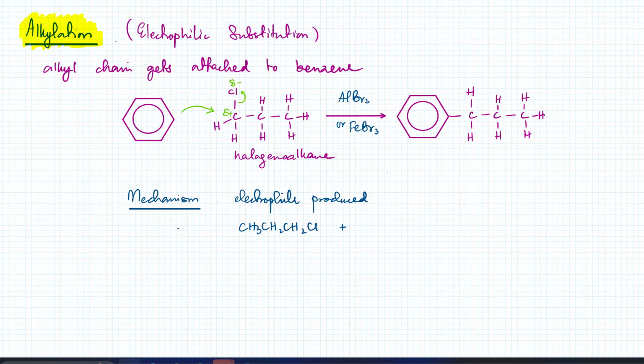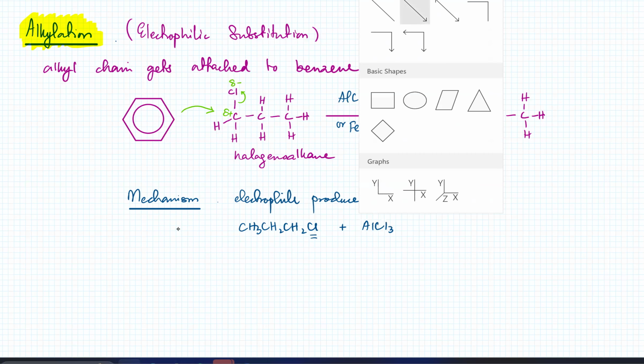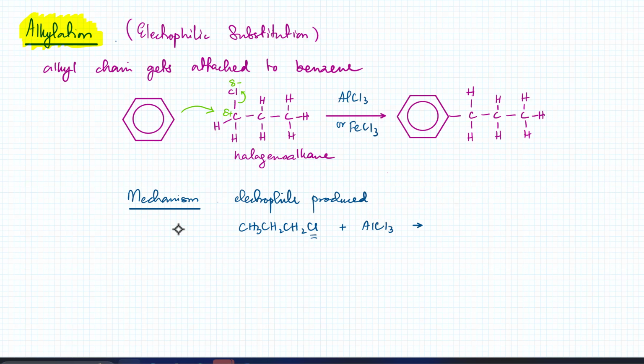This should be AlCl3 or FeCl3 because we've got a Cl, it's a chloroalkane. We don't want bromine to come in. So it reacts with AlCl3. AlCl3 is going to polarize this molecule and it will take away the Cl and bond with it. So the first step is that a carbocation gets produced.